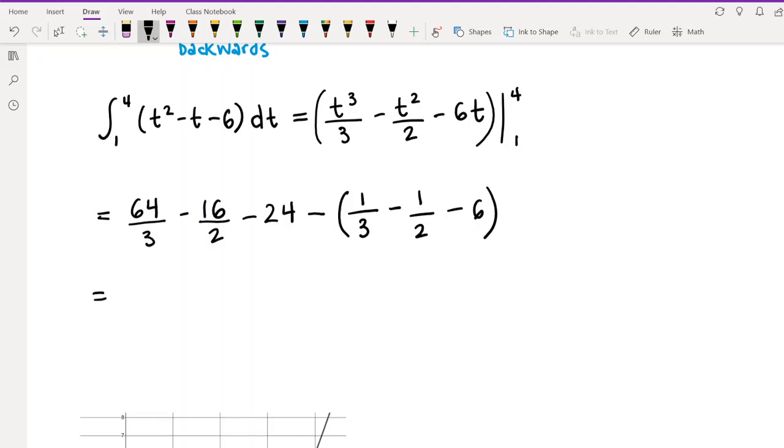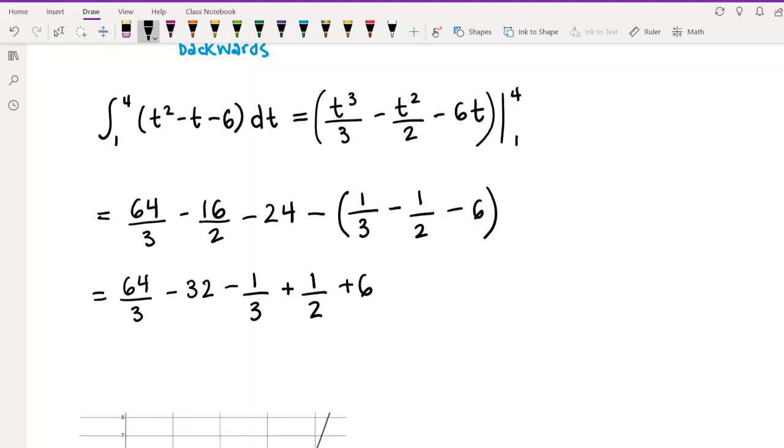So altogether, here we're going to have 64 over 3 minus 16 over 2, which is 8, so that's minus 32. And then here we'll have minus 1/3 plus 1/2 plus 6.